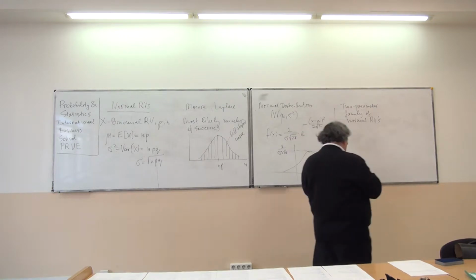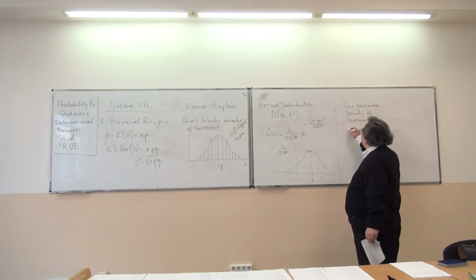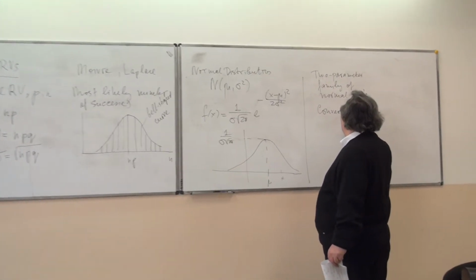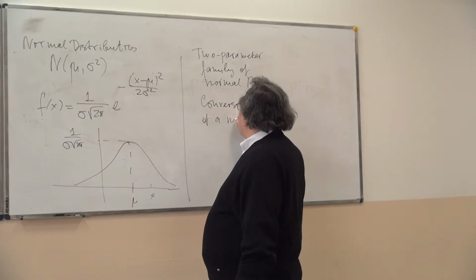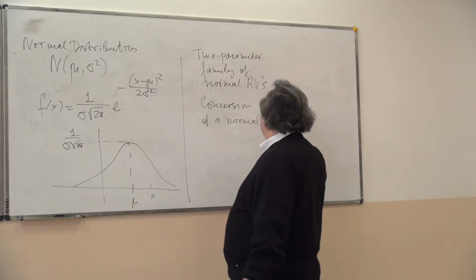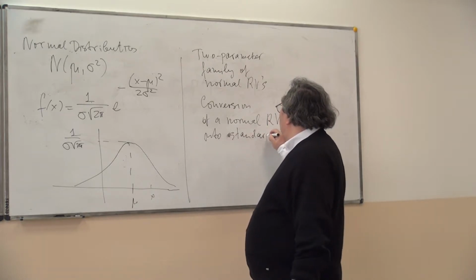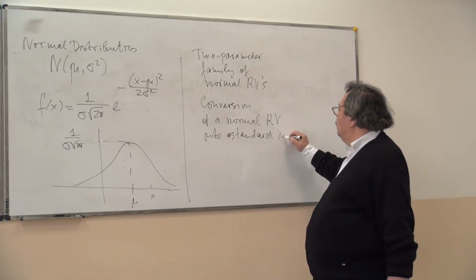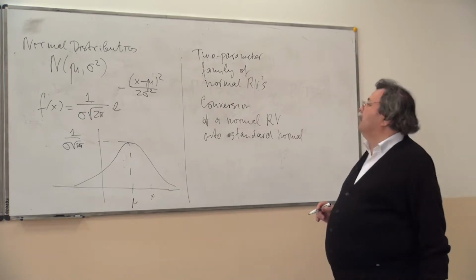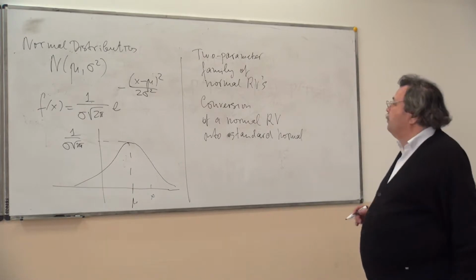And this is how it's done. Conversion of a normal random variable into the standard normal random variable. All right, what do we mean by this?